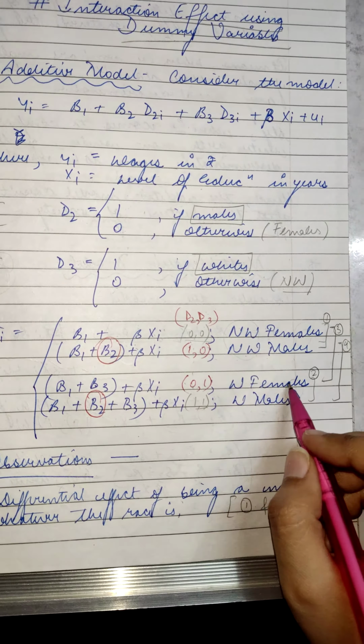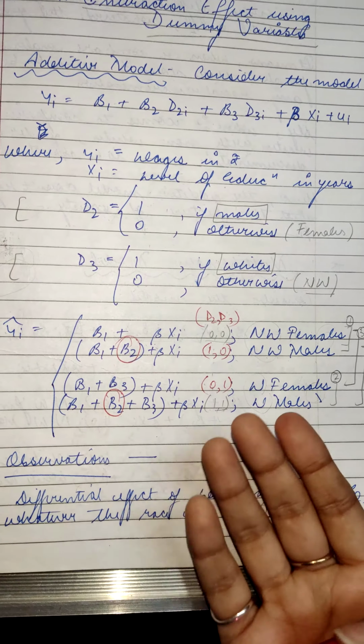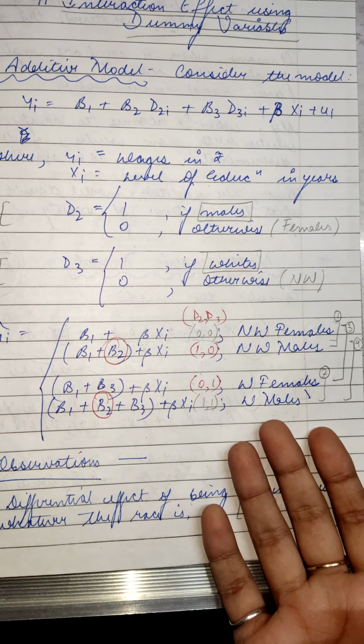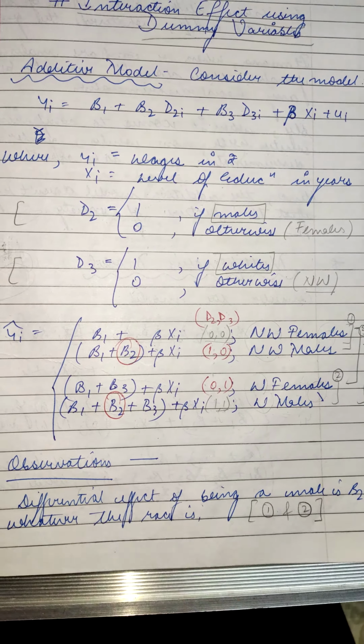Then compare females and males for whites, which is 1 and 2. Then compare non-whites and whites in females. Then compare non-whites and whites in males. So keep one of the dummies constant, compare the other. Keep the other constant, compare the other dummy. So that's how you have to proceed.